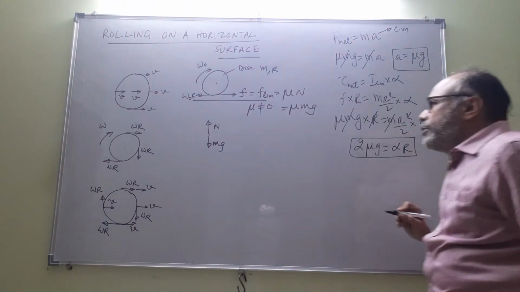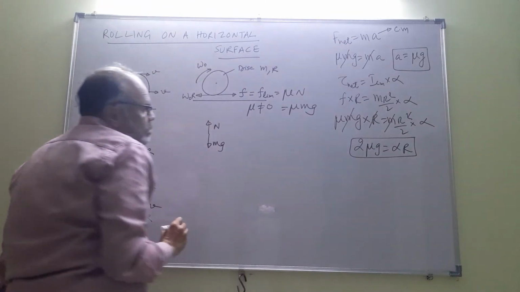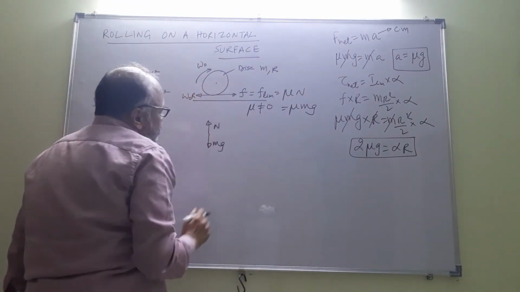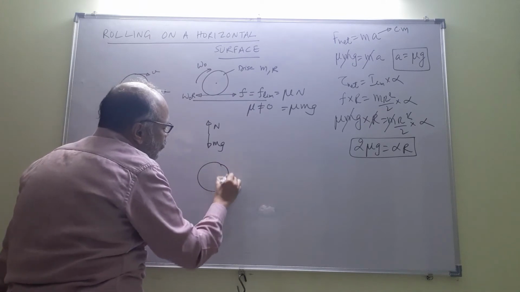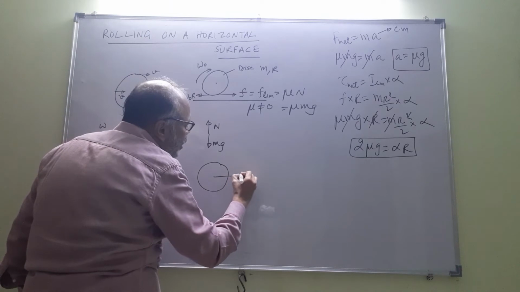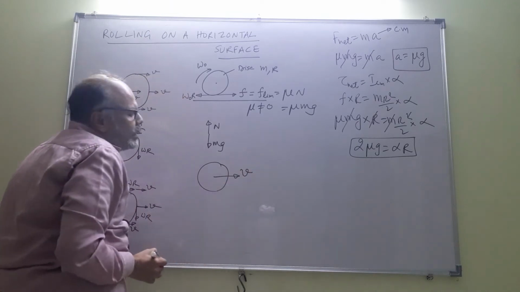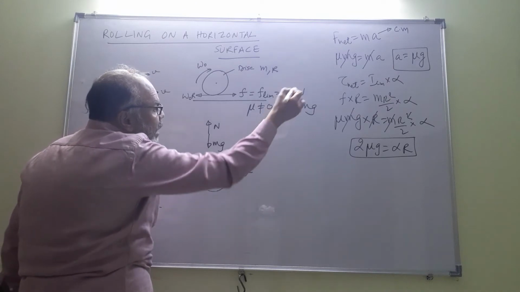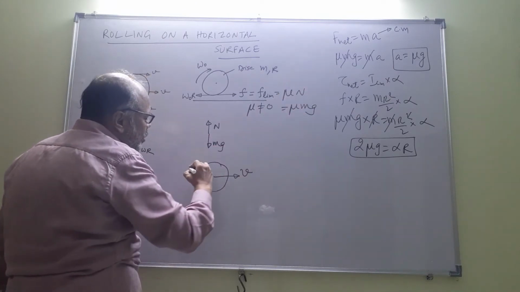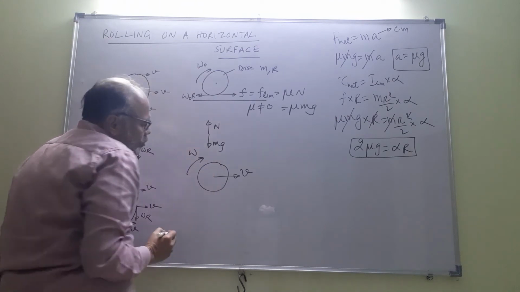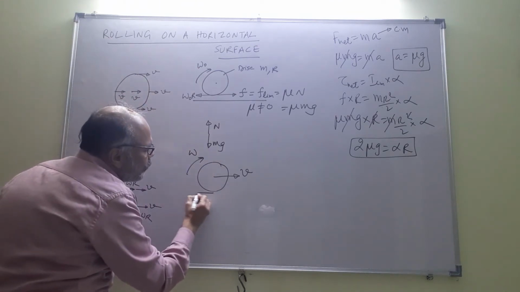Alpha is the angular acceleration. Now let us see what happens to the disk. The disk, which was initially at rest, will now start moving and gaining velocity due to the acceleration mu g. The omega naught is going to decrease to some omega. Let us see the point of contact.